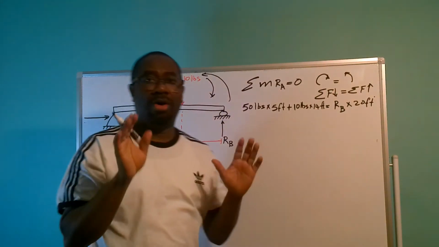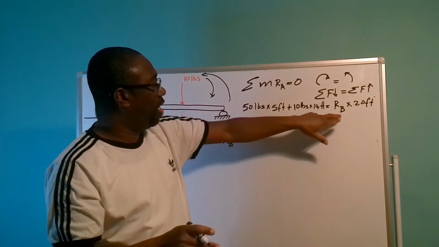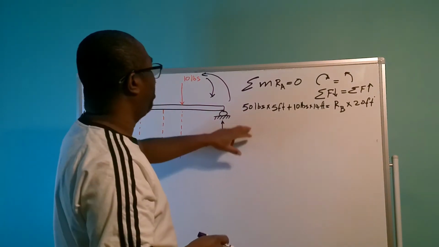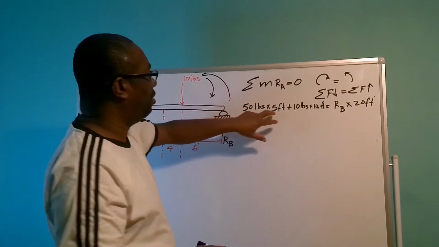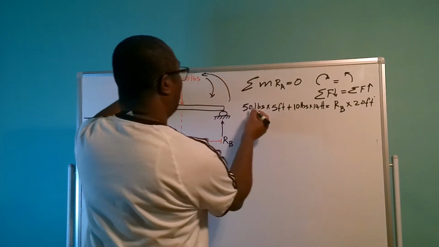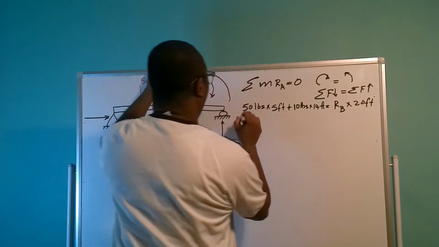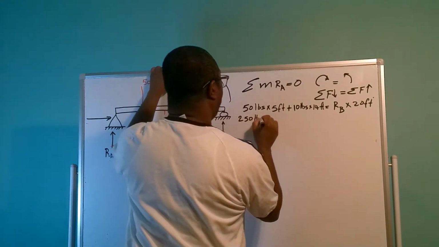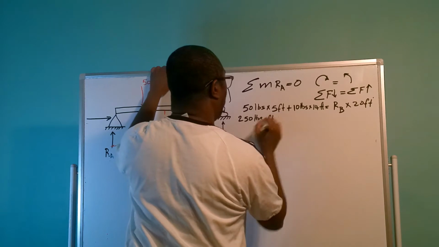So we are going to calculate the reaction of RB. In order to do that, we have 50 pounds times 5 feet, so 250 pound-feet there.